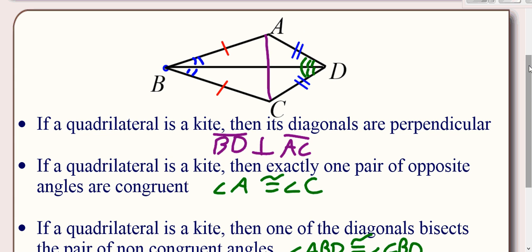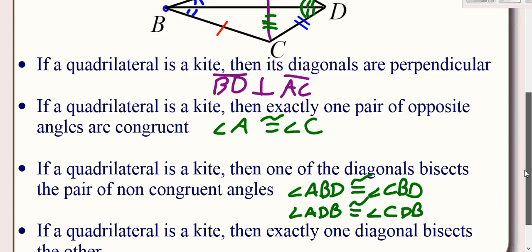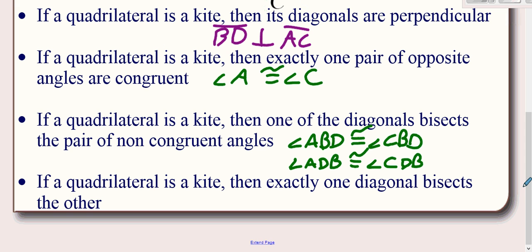You can tell pretty easily by looking at it which one gets cut in half. BD, that's not equal sides. So it's these on AC right there. One diagonal bisects the other. BD bisects AC.